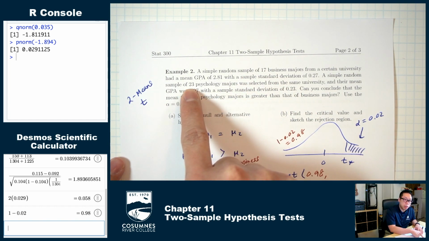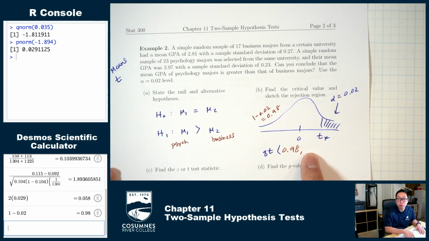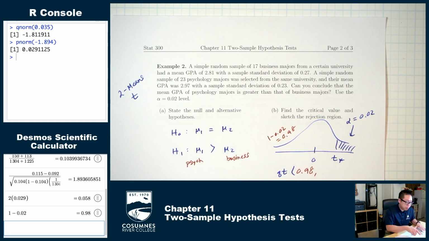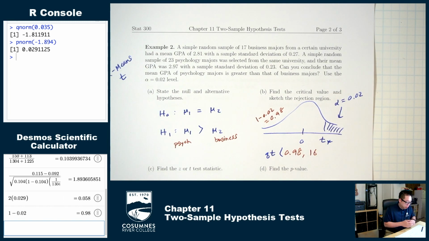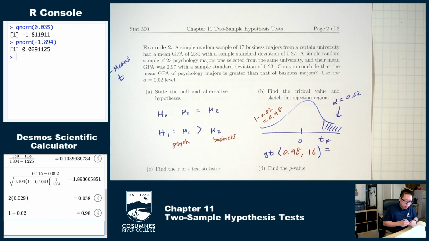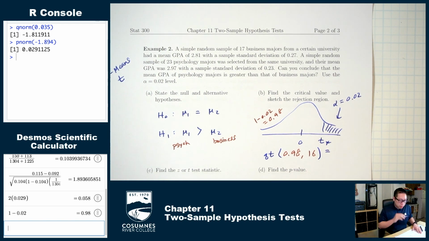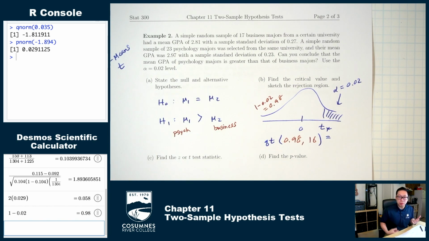So we're going to use the lower sample size, which is 17, and the DF is 1 less than the sample size. So 1 less than the 17, which is going to be 16. So once again, you don't combine the sample sizes, you use the lower sample size, and then the degrees of freedom is just 1 less than the lower sample size.